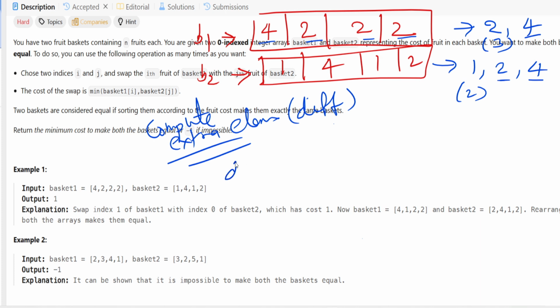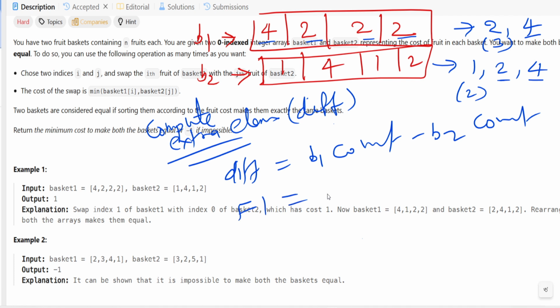The difference we get is the basket 1 count minus the basket 2 count. Can we say that? If we do the minus, for fruit 1, F1 is not there in basket 1, so 0 minus 2 is minus 2. And we have 1 extra in basket 2, right?